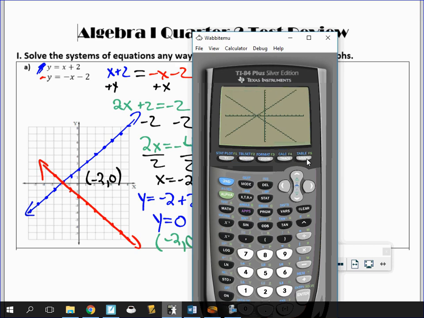Then there's a couple different ways you can do this. You can have the calculator find the point of intersection. Or, if you prefer, oh, this calculator doesn't have it. There's also, if you're using inequals, that's another way you can do it. And I don't know how I can get inequals on this. We'll have to figure that out later.